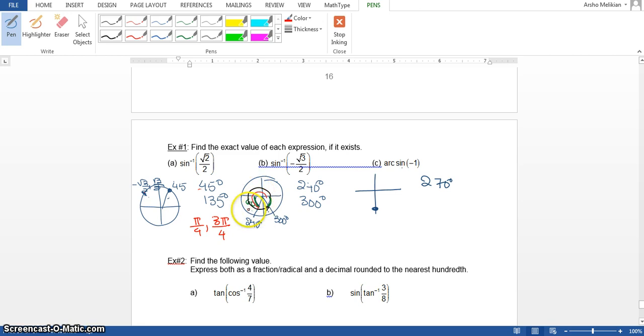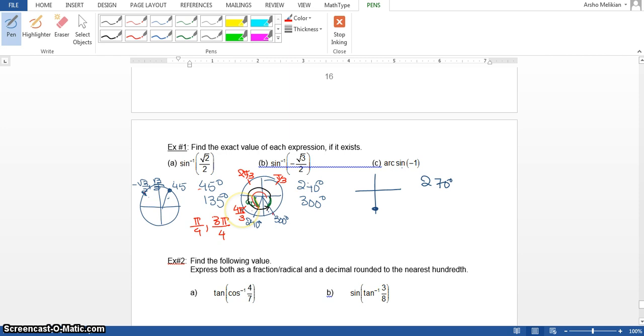Here, if I'm associated with the 60s, it's all the ones divided by 3. So it's pi over 3, 2 pi over 3, 4 pi over 3.